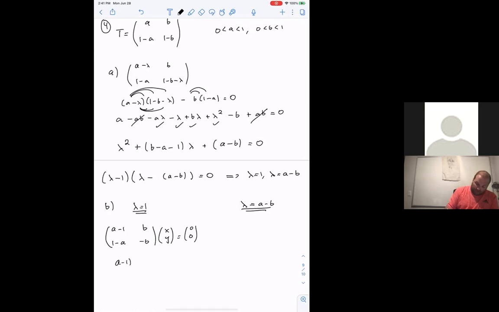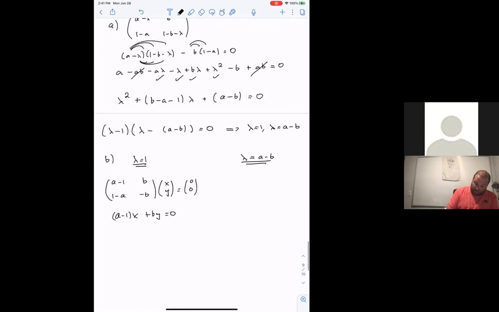So I have A minus 1 x plus B y is equal to 0. So what can I use for my x, y? Well, B could be x, and y could be 1 minus A. So then I get, A minus 1 times B, and B times 1 minus A, which is the reverse, sure enough adds to 0.